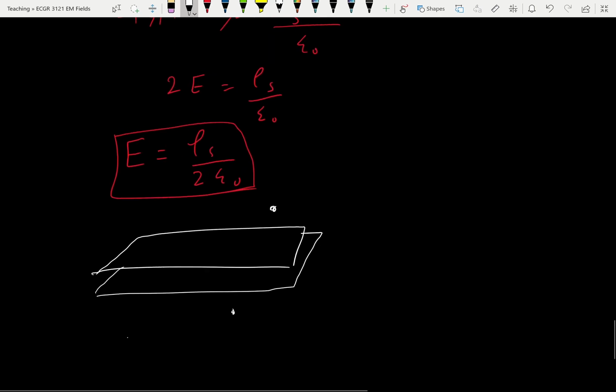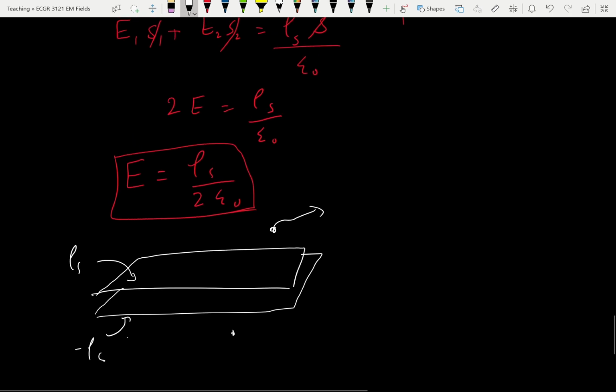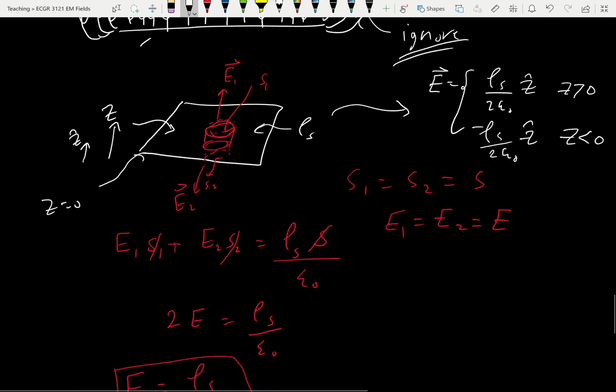On top, we have a positive charge density, and then we have a negative charge density, right? So on top we have two fields. We have the field from the positive plate and the field from the negative plate.